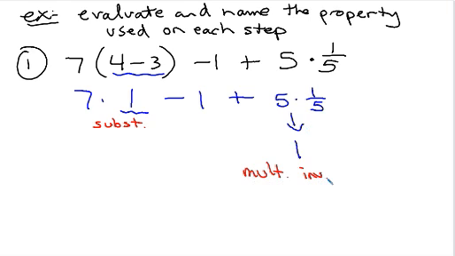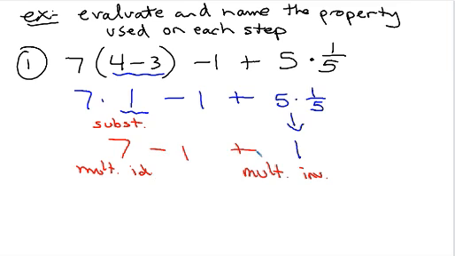Now what's 7 times 1? What property says I can replace 7 times 1 with 7? Isn't it the substitution? Or it could be two properties. Couldn't it be the multiplicative identity, Tanner? Yep. The multiplicative identity property. Or it could be substitution. So now I've got 7 minus 1 plus 1.